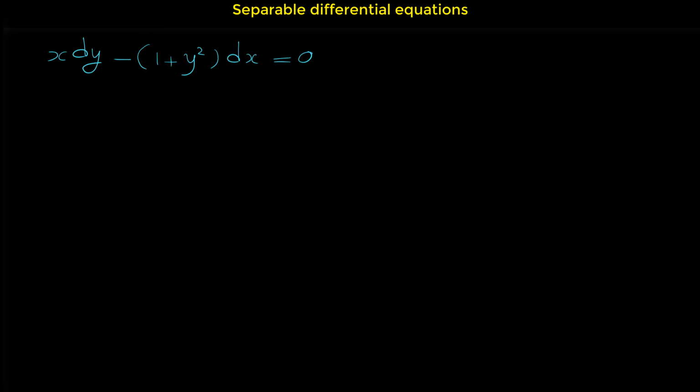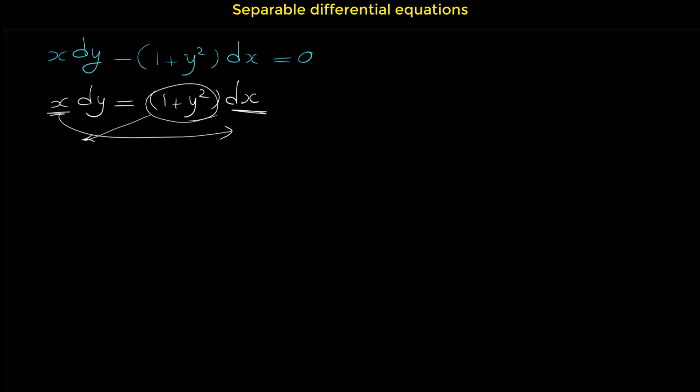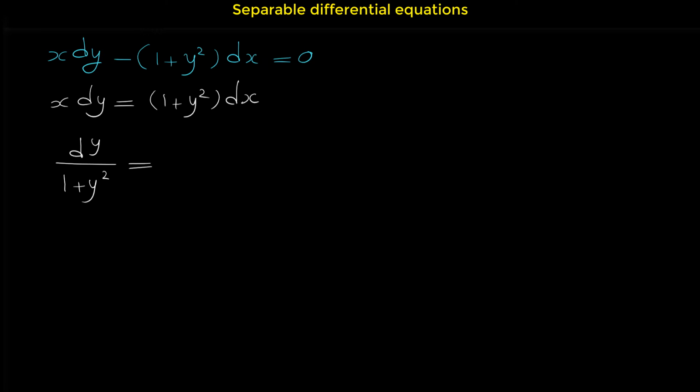To do so, we can move this term to the other side of the equation. So first we write this in the form of x dy equals 1 plus y squared dx. Now we can bring this to the denominator of this expression and we can bring x to the denominator of dx. So we can write this differential equation in the form of dy over 1 plus y squared equals dx over x.